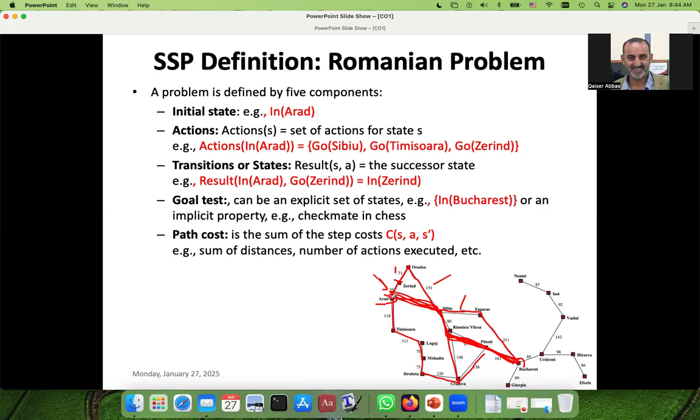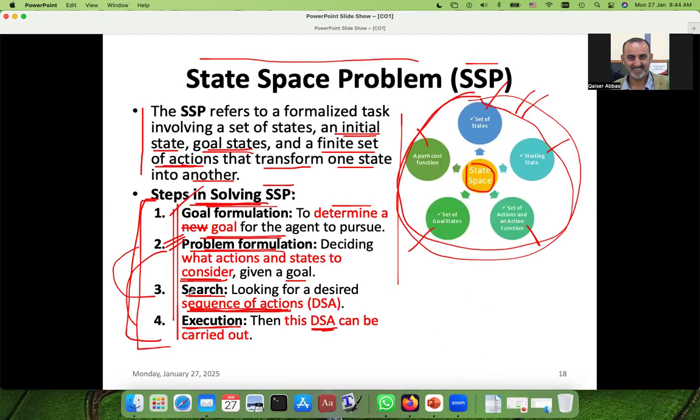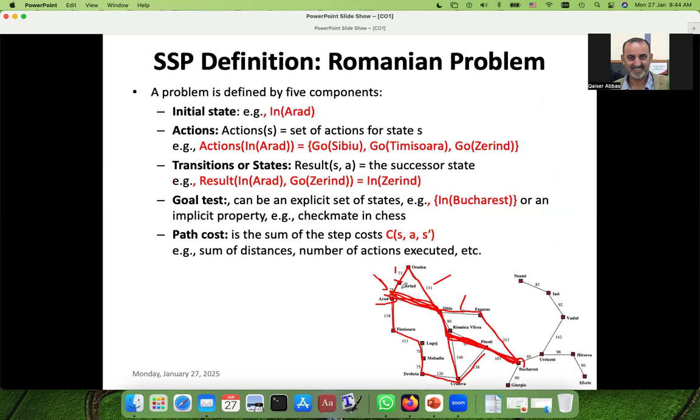And what are the actions? Going from Arad to Sibiu, then Sibiu to Rimnicu Vilcea, then Rimnicu Vilcea to Pitesti, then Pitesti to Bucharest. Writing all these actions is the search for the sequence of actions. Then at step number 4, you have to execute all these actions, and when you execute them, you will reach the goal, Bucharest.